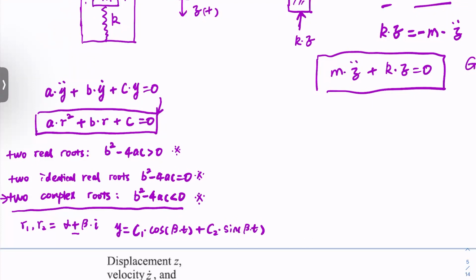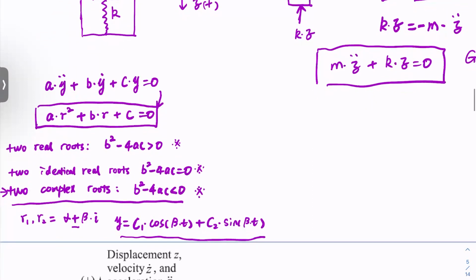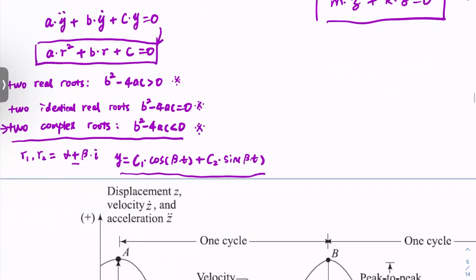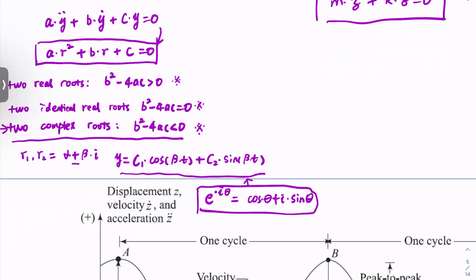I'm not going to get into how we got this; we use Euler's identity. That function is really beautiful: e to the i theta is cosine theta plus i times sine theta, right? So you're going to use that a little bit to get into that.